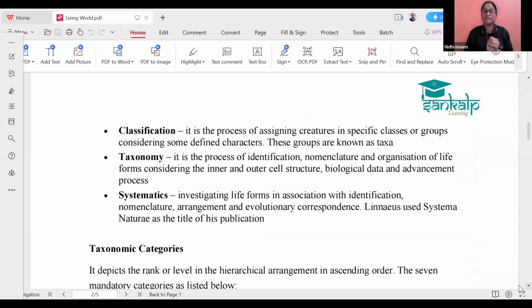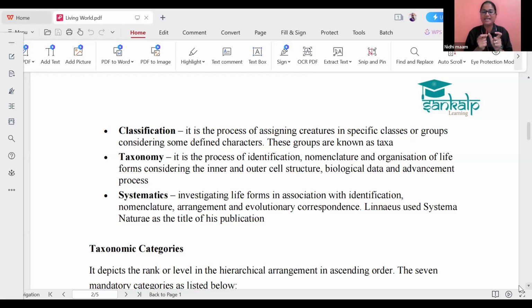Next one is taxonomy. What do we do in taxonomy? It is the process of identification. We observed and studied the characteristics, we identified it, we named it, which is nomenclature, and organized it as species, genus, class, order, family, which is called taxonomy.